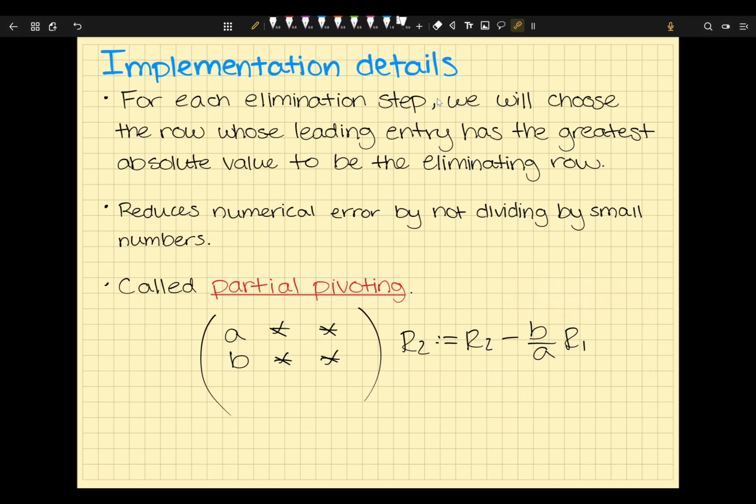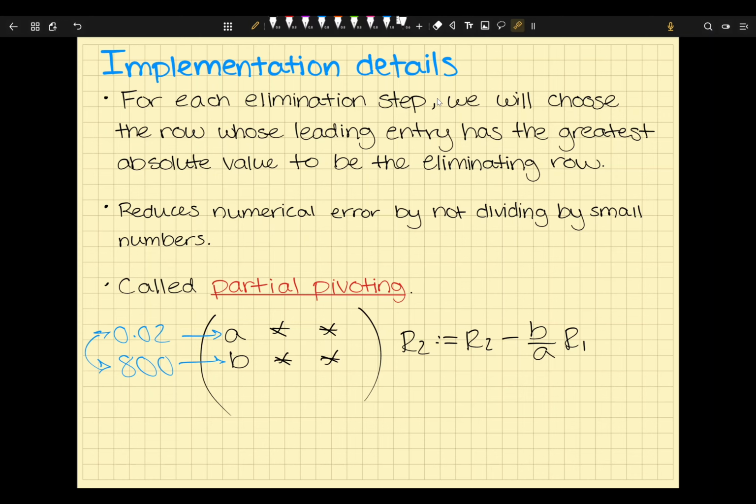What we want to do instead is choose the pivot row to have the largest number in the pivot. So if a is really small and b is really large, then we're going to swap them, and we're going to eliminate using this row instead. It just reduces numerical error.